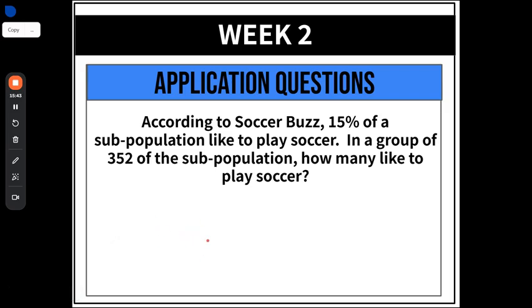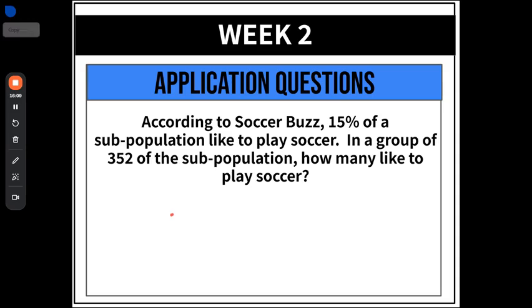All right. According to Soccer Buzz, 15% of a subpopulation like to play soccer. In a group of 352 of the subpopulation, how many like to play soccer? Okay. We're going to use the same strategy here. We're going to go ahead and set up a proportion. So what do I have?